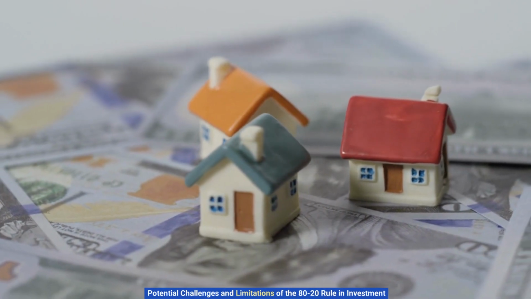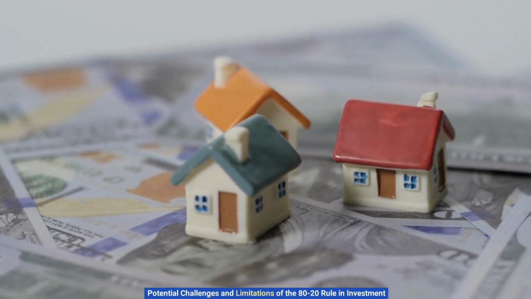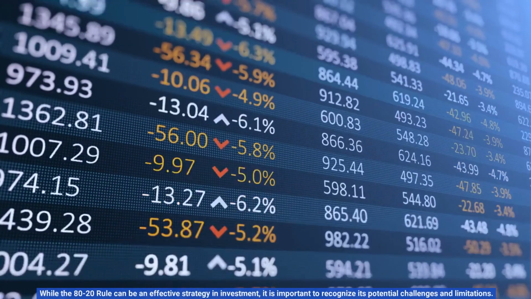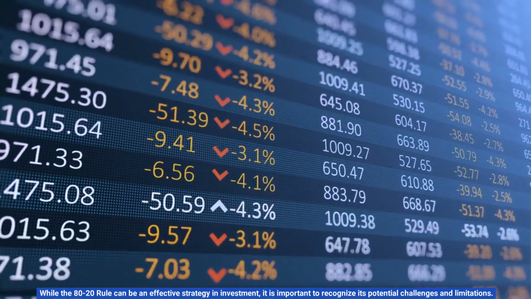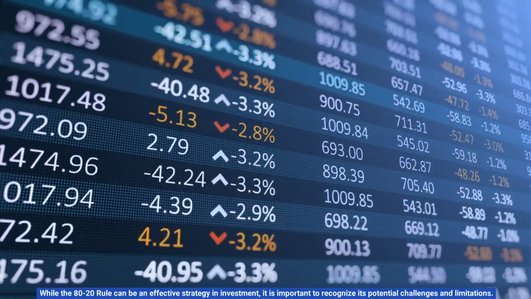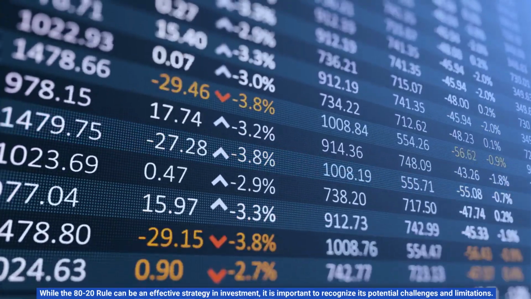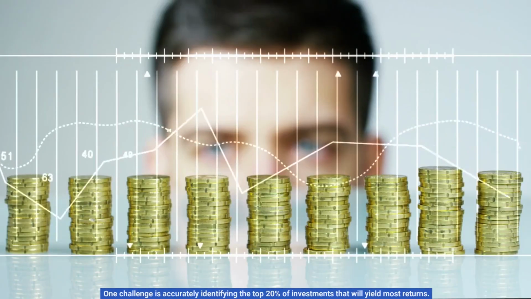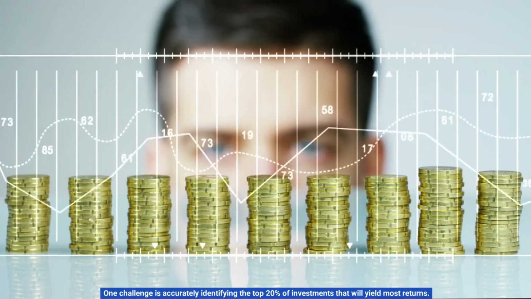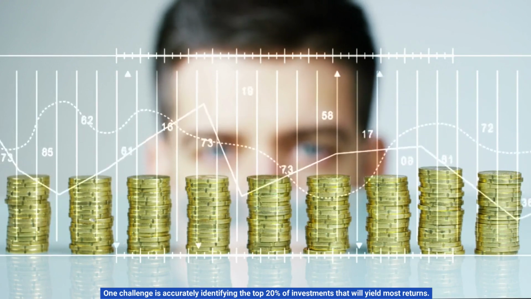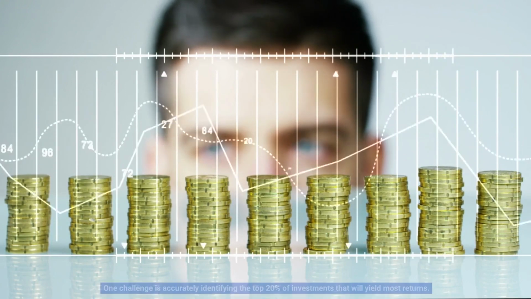Potential challenges and limitations of the 80-20 rule in investment. While the 80-20 rule can be an effective strategy in investment, it is important to recognize its potential challenges and limitations. One challenge is accurately identifying the top 20% of investments that will yield most returns.